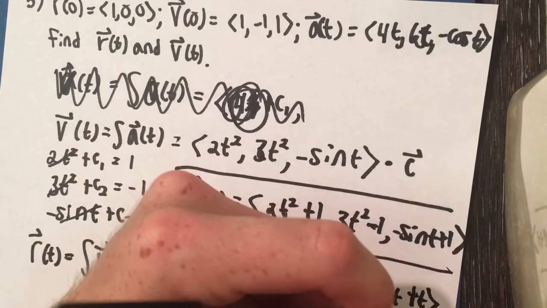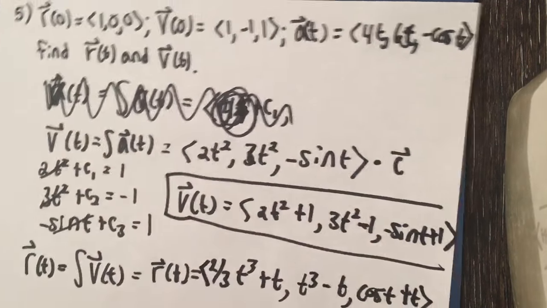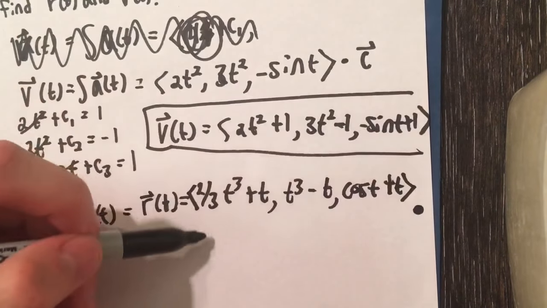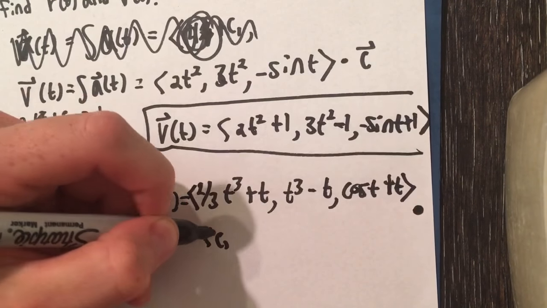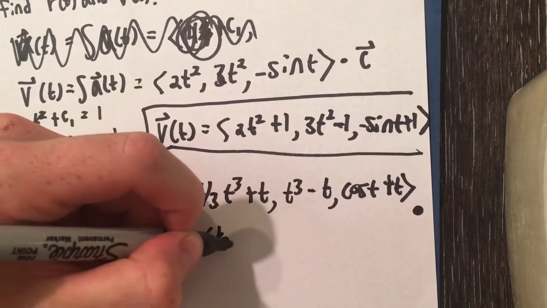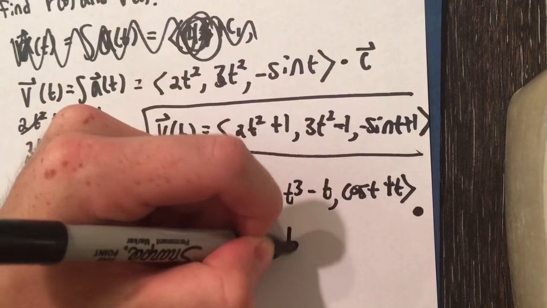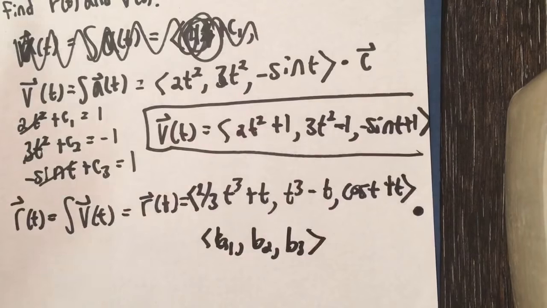And this equation would have to be dotted with, I guess we have to change the variable now. The constants would now, I guess we can call it b1, b2, and b3. Alright, and now we have to solve for those constants.